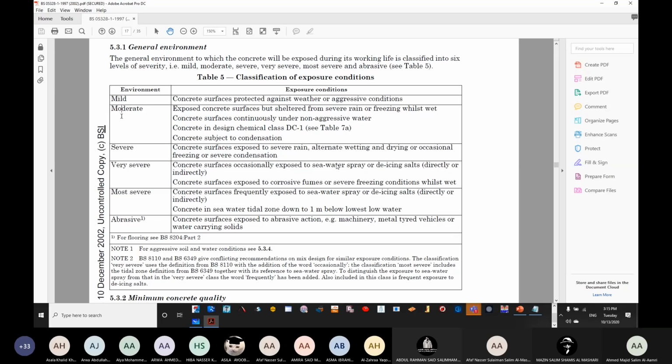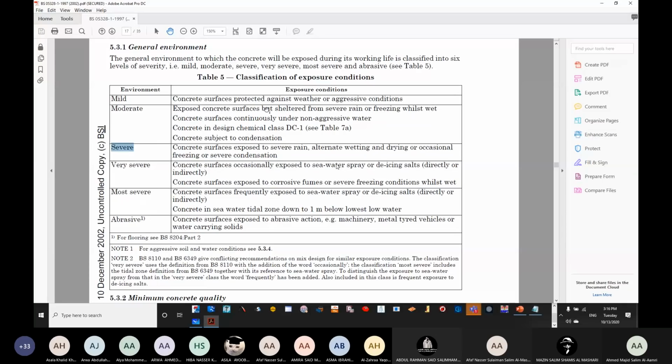If the area that you are designing your building or your structure in is affected by rain, like for example Salala, where you are having seasonal rain, then you should be taking it to be moderate. So general environment, it's mild. If there is a rain, moderate. If your concrete is exposed a lot to the severe rain, then it's going to be severe.